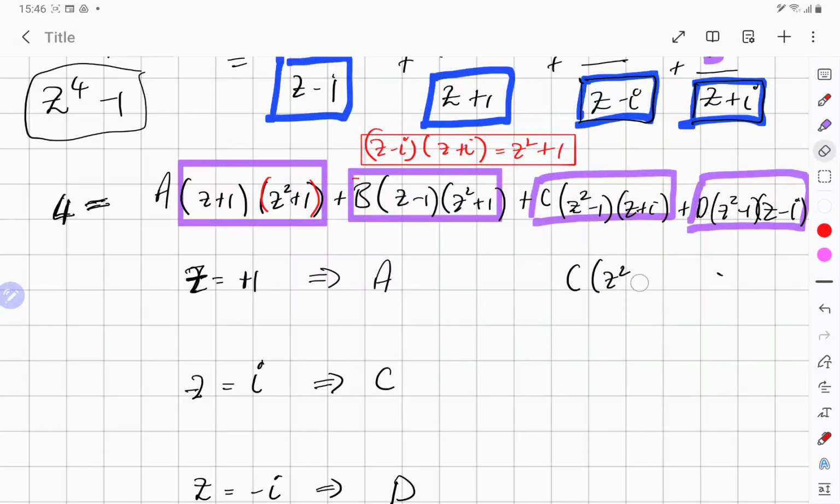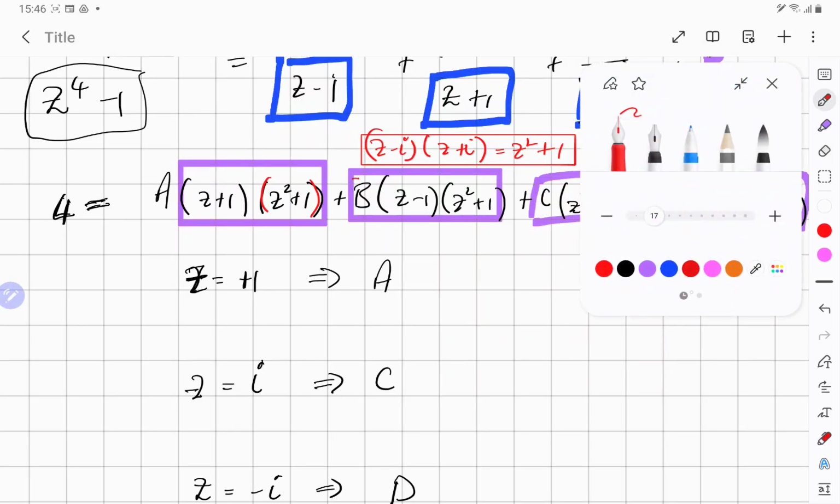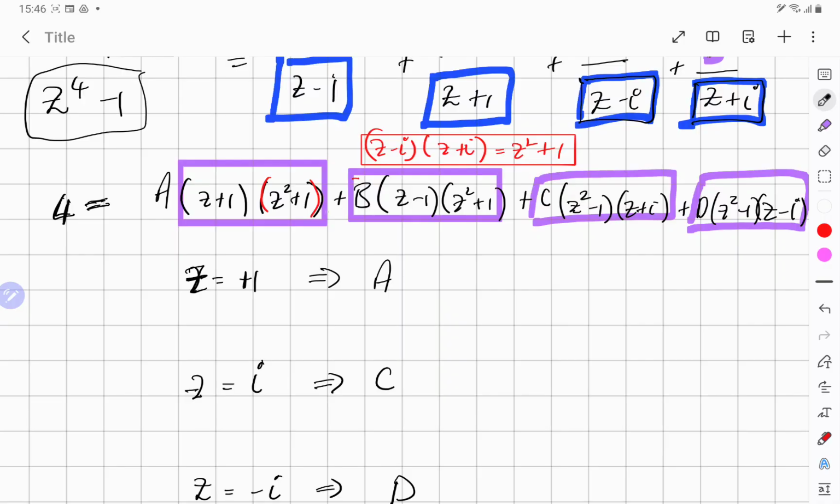And then our last one is d, z squared minus 1, z minus i. If z is 1, this factor will disappear. So what do I have left? I just have a, z plus 1, z squared plus 1 equals 4 left.